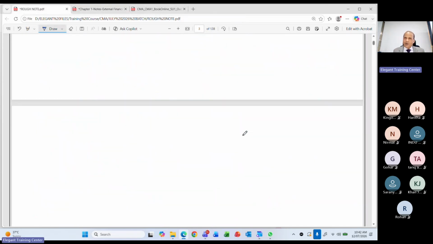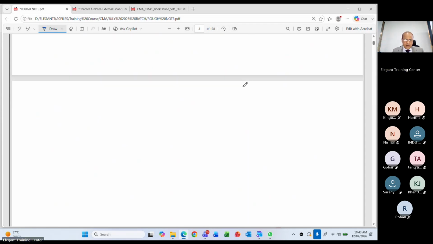This chapter 1 is focusing only on the financial statements. We will have deep understanding. Okay. Now, basis of accounting treatment. Basis of accounting.